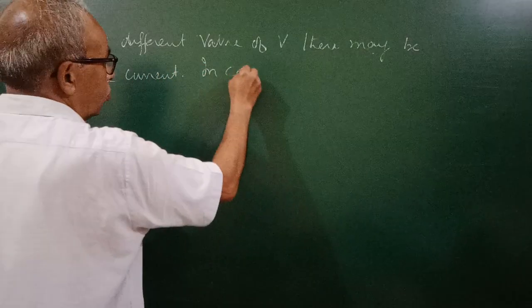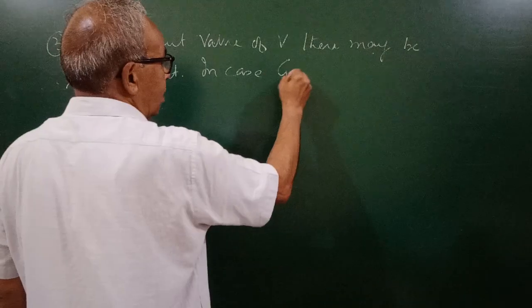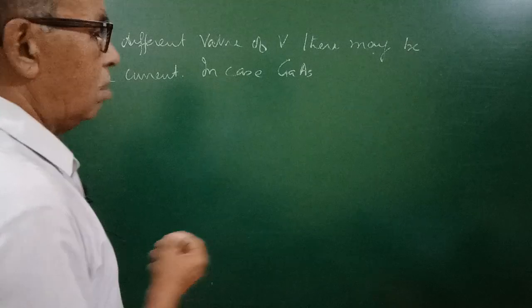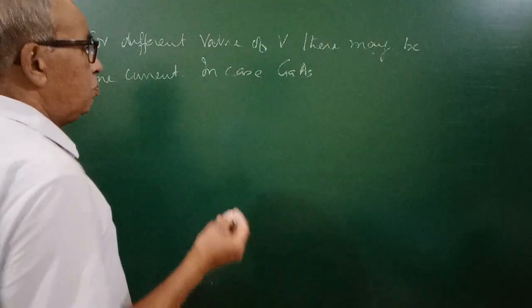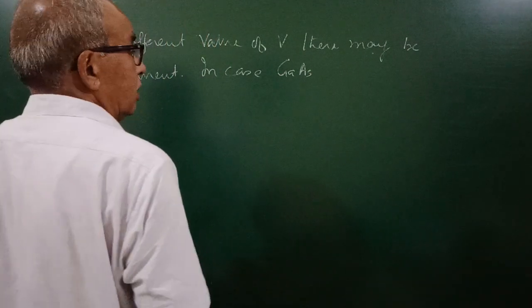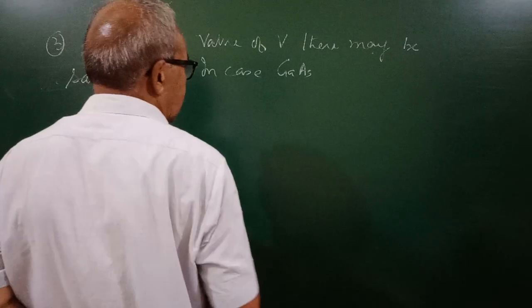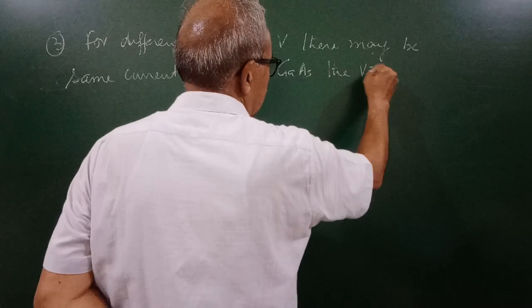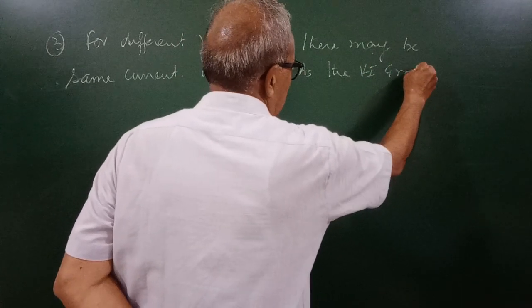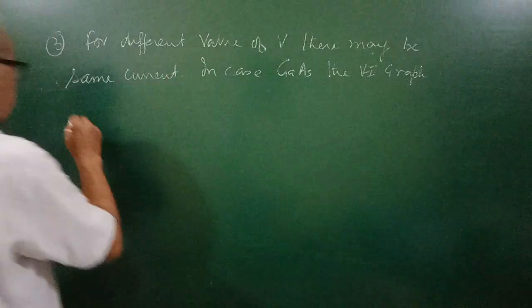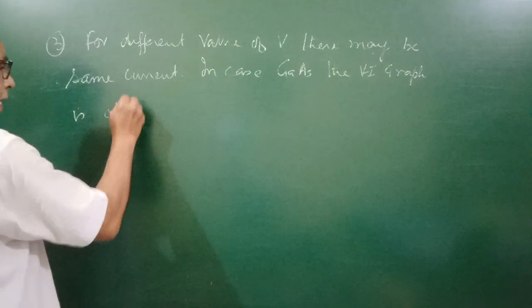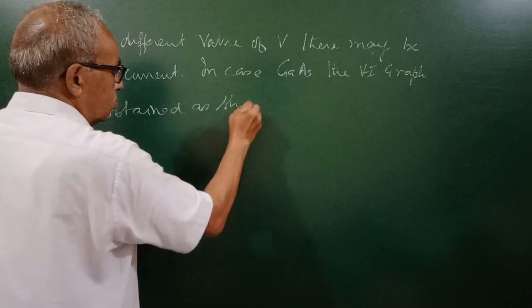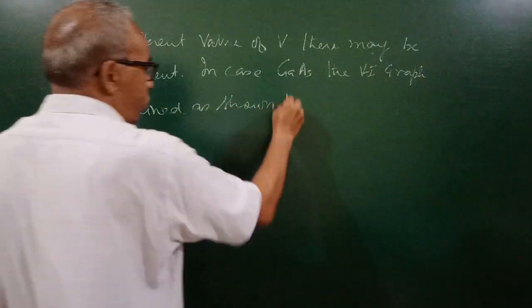In the case of gallium arsenide, this semiconductor device, actually gallium is mixed with arsenic as an impurity. The VI graph is obtained as shown below.